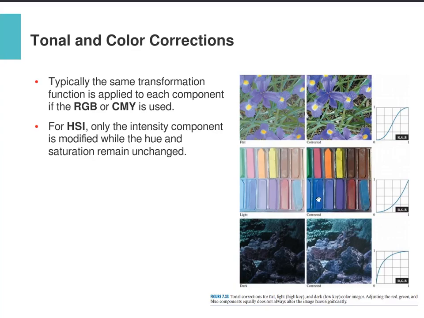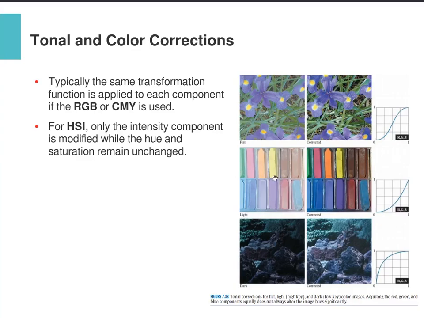On the right you see some examples of color correction that is done in the RGB model. The image on top left is flat with a low amount of contrast. By applying this transformation to the RGB color components, this is the image that you get.